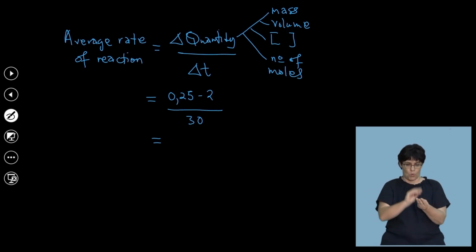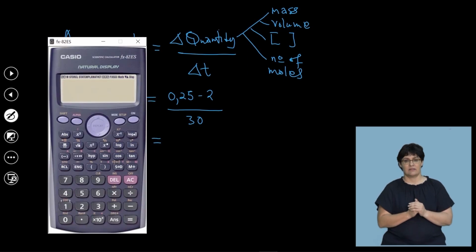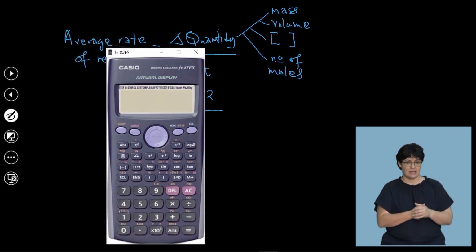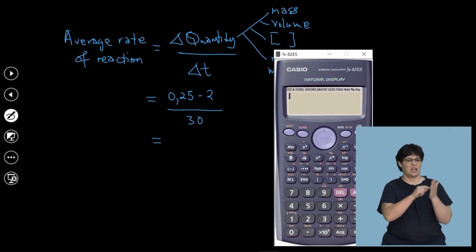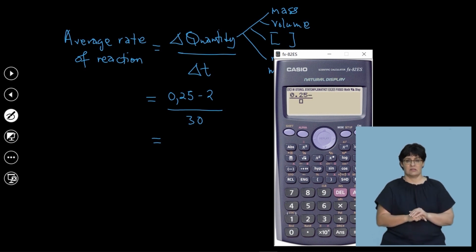Then we go to our calculator, all right? From the calculator, it's a simple and straightforward calculation, which is 0.25, okay, minus, careful which minus you use, minus 2, divided by 30 seconds, right?